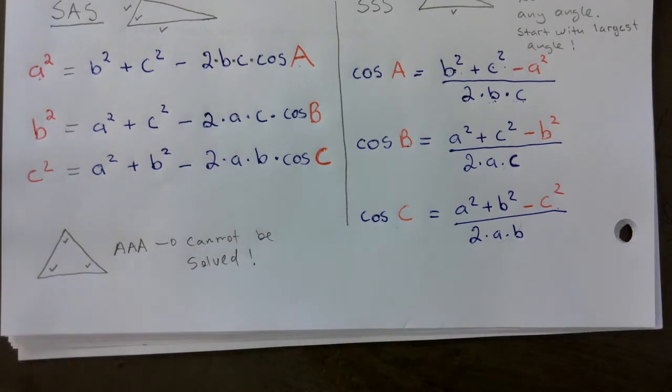There's nothing you can do with angle, angle, angle. You need at least one side to get you going. So if you have at least one side and a bunch of angles, you may use sine law, cosine law, a mix, but only one of them you can use to start.